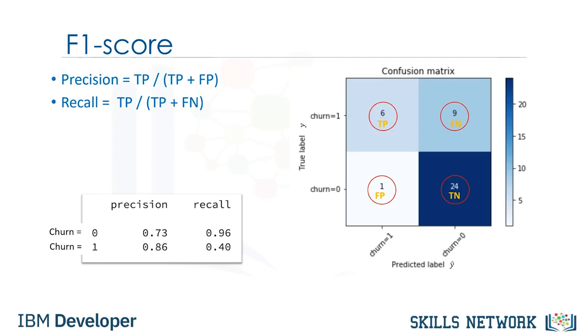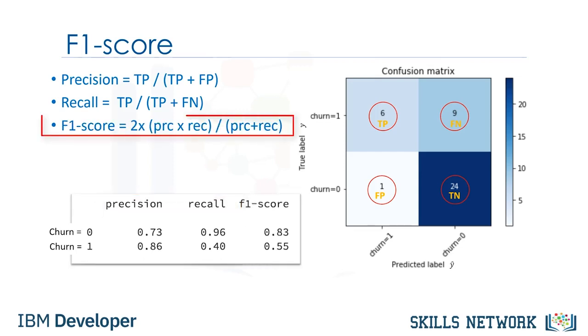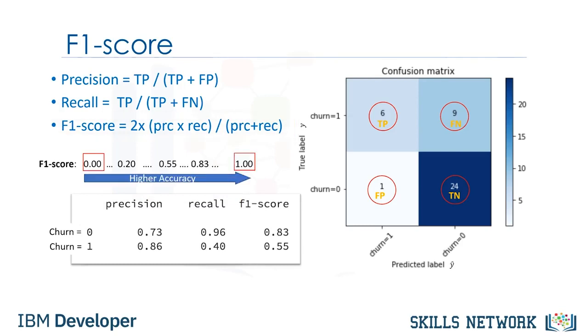Now we're in the position to calculate the F1 scores for each label based on the precision and recall of that label. The F1 score is the harmonic average of the precision and recall, where an F1 score reaches its best value at 1, which represents perfect precision and recall, and its worst at 0.